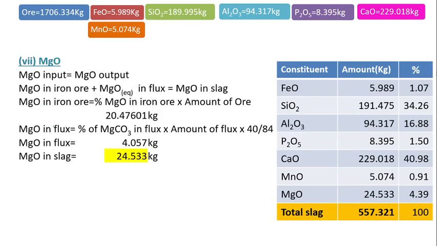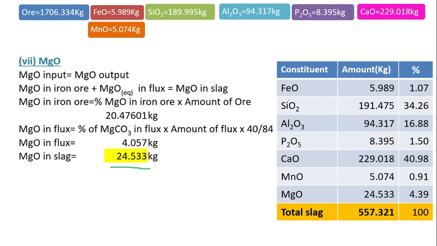Finally, MgO comes from the flux, importantly the flux, and from the iron ore also. In the flux it is in the form of MgCO3 and in the ore it is in the form of MgO directly. So we have to calculate these two, and this gives rise to 24.533 kg. Okay, now we have calculated all the oxides present in our consideration.